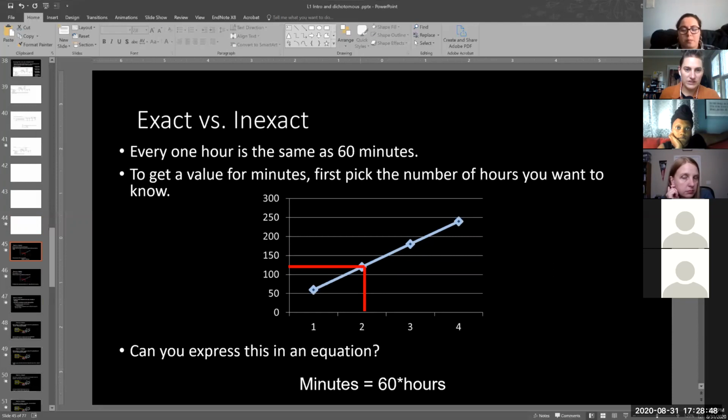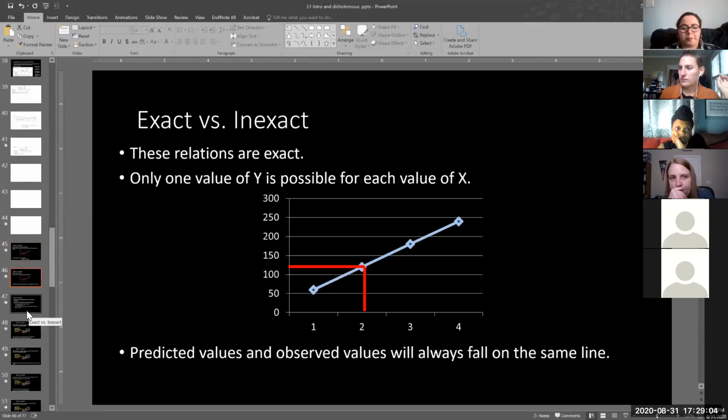So 1 hour is equal to 60 minutes, 2 hours is 120 minutes, and so on. There's no error. You know one, you know the other. The predicted values are always going to be the same as the values you observe.